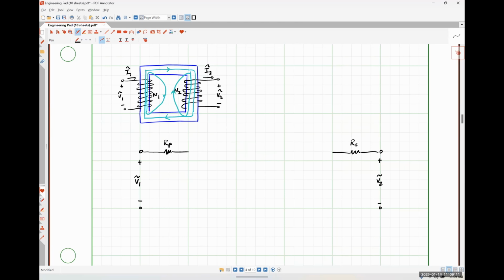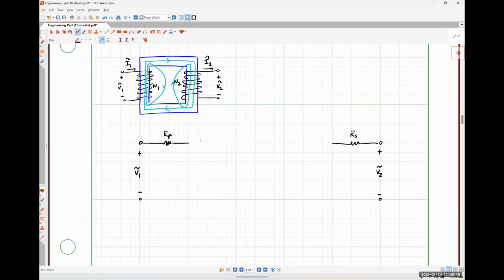Now, because we have coils, we are also going to have effectively some inductance. These inductances represent the flux losses in our system. Because it's flux losses, we're not actually losing any energy per se, so we need an element that doesn't have a resistive amount of loss.